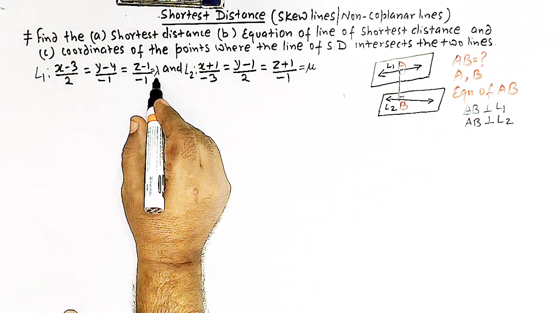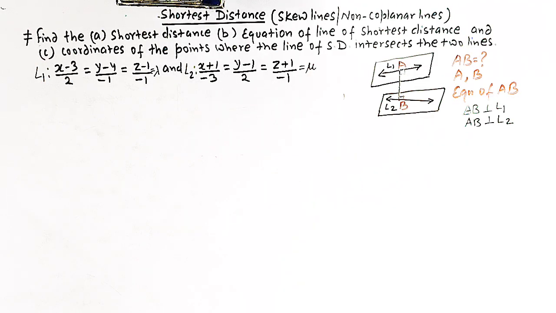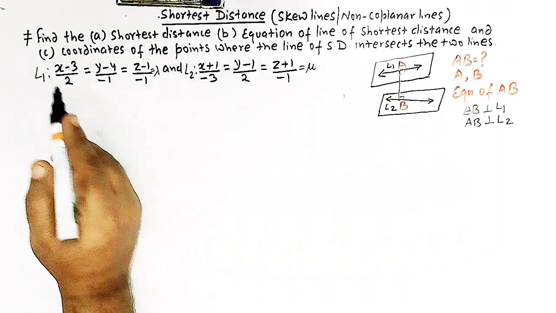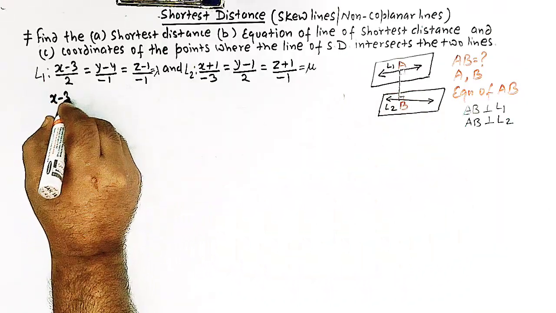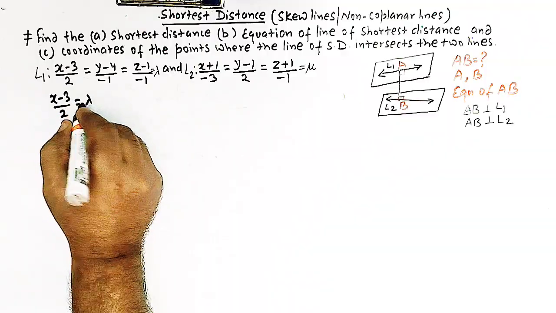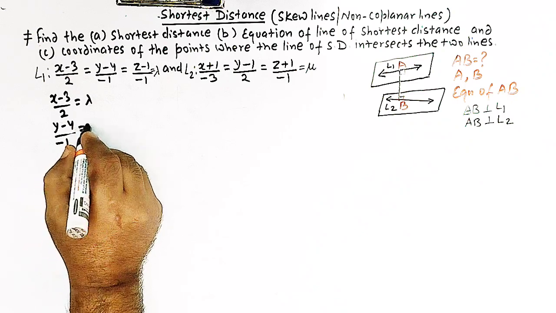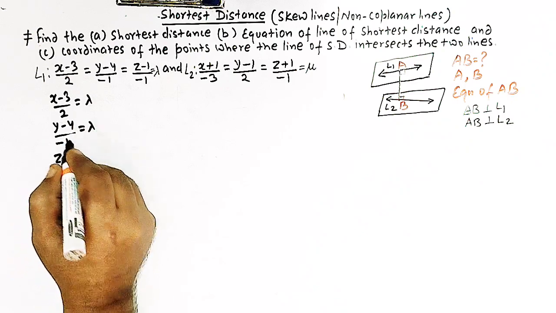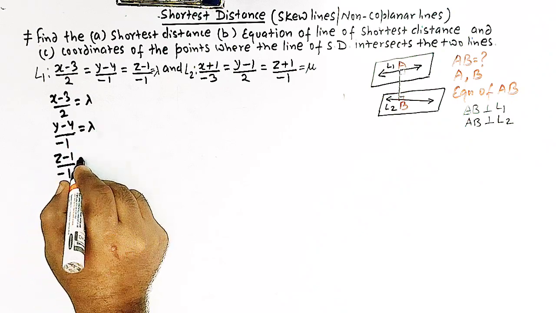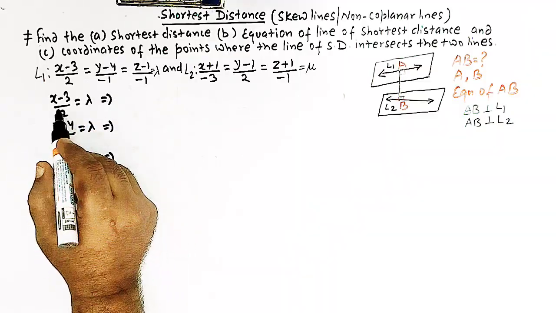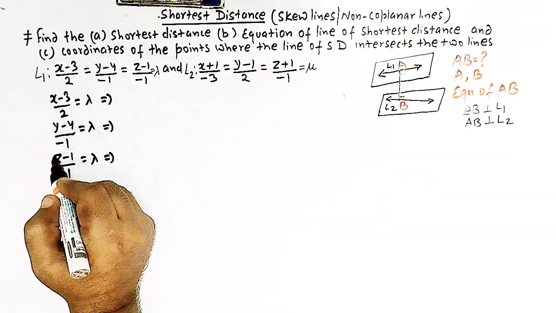The purpose of introducing lambda and mu is to get the coordinates of the general point lying on lines L1 and L2. From line L1 we can write (x minus 3) over 2 is equal to lambda, (y minus 4) over minus 1 is equal to lambda, and (z minus 1) over minus 1 is equal to lambda. Let us now solve these three equations for x, y, and z.